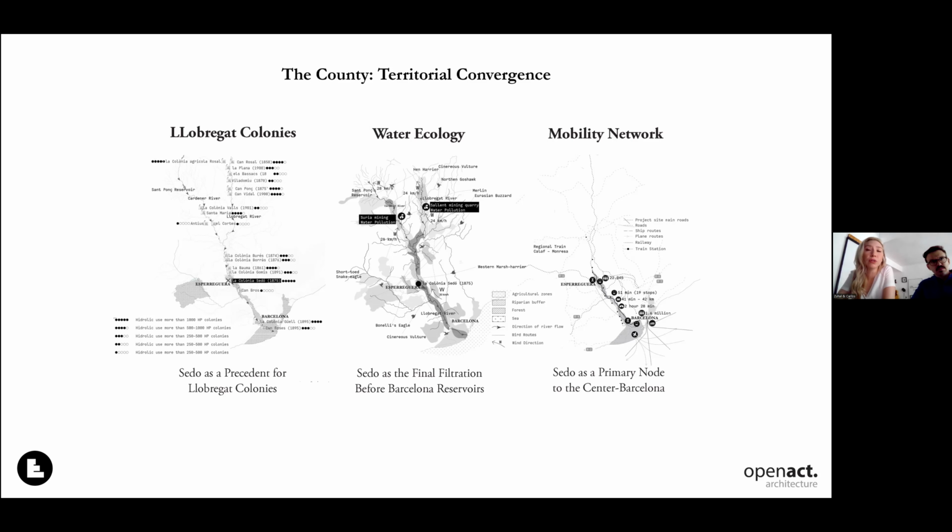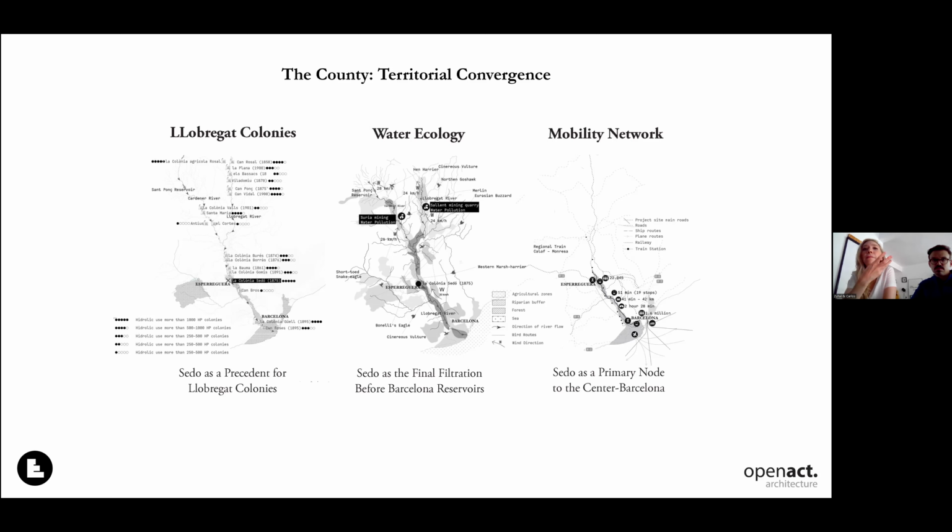And then when you're looking at the transportation system, the mobility network map that you're seeing, the mobility is also using the railway, and the highway is parallel to the river. So they have used the river's course also as a transportation network, which also created a lot of pollution problems.